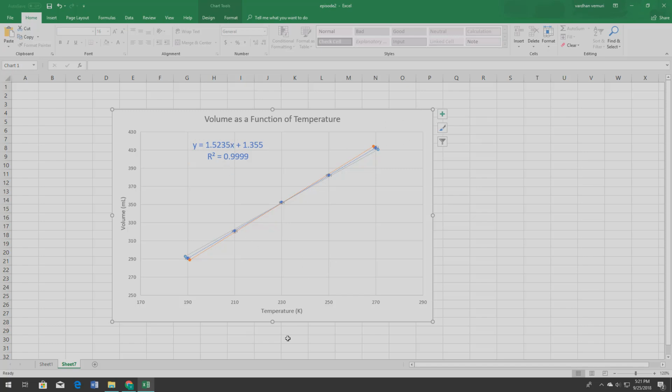We know that for every unit of Kelvin, the volume increases by approximately 1.5 milliliters. That is the relationship that our best trend line is trying to fit onto our data points. And then right here, our b value, our y-intercept.